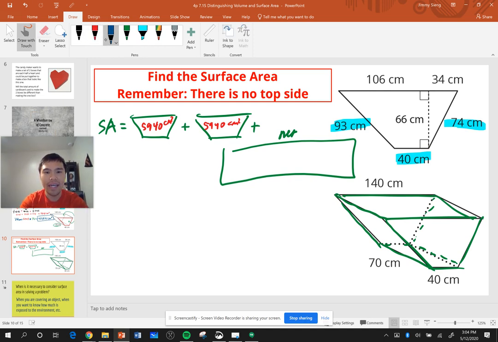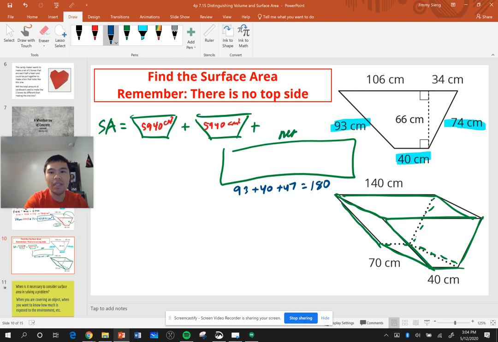So I'm going to put those together. Well, okay, we got 93 plus 40 plus 74, which gives me 93 plus 87, 180, right? And then I need that length part. And you got to think about, if I'm stretching it out, what's going to be that upwards part?